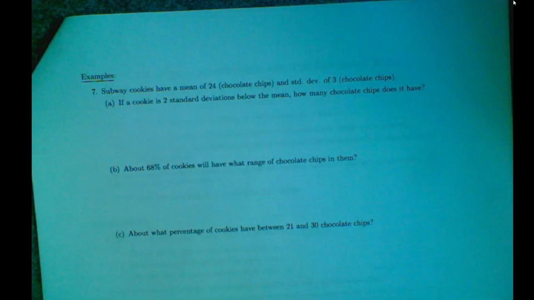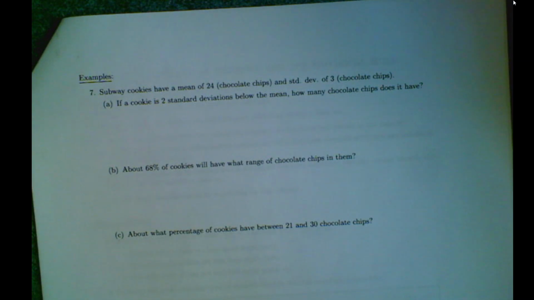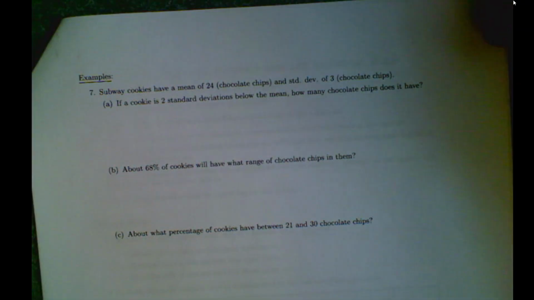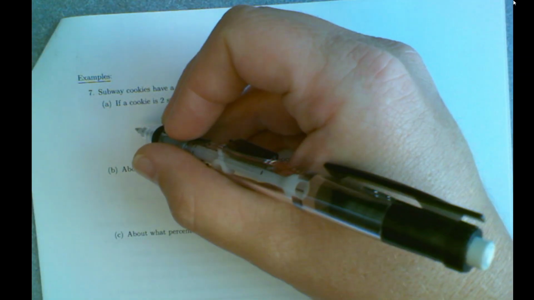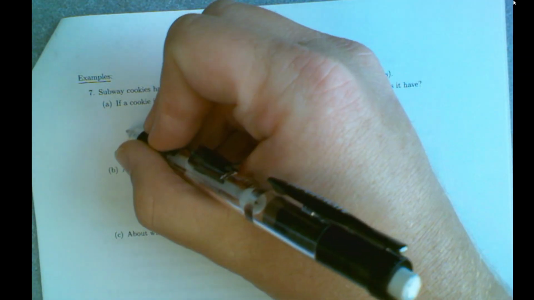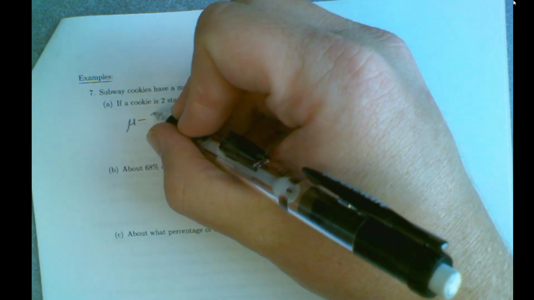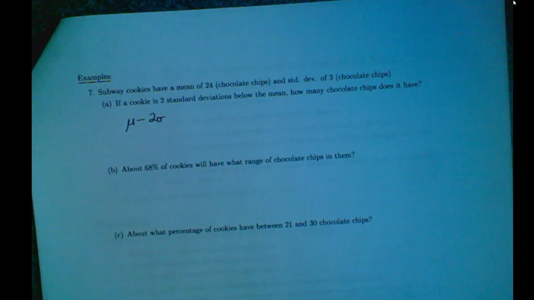Well, you could figure this out just using a formula, right? You could say if they're 2 standard deviations below the mean, then we would start with the mean and we would subtract off 2 standard deviations.